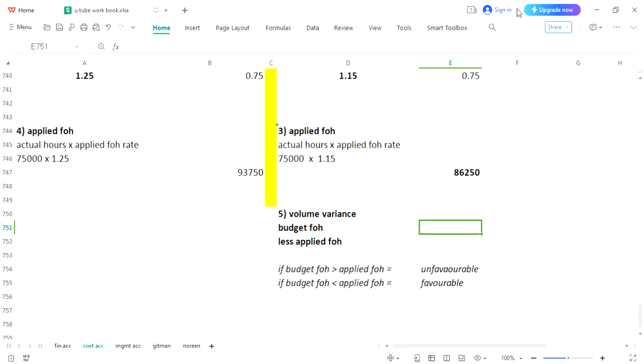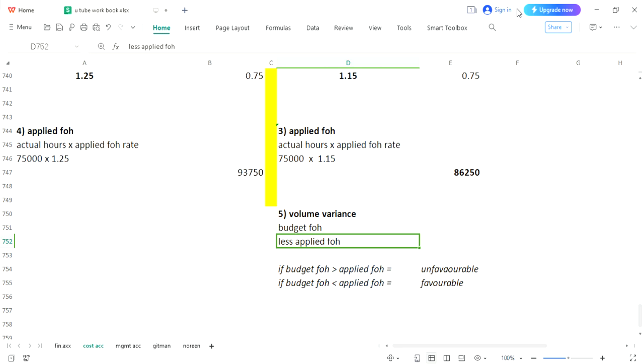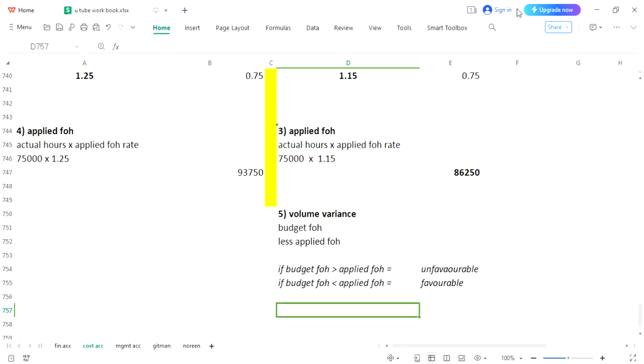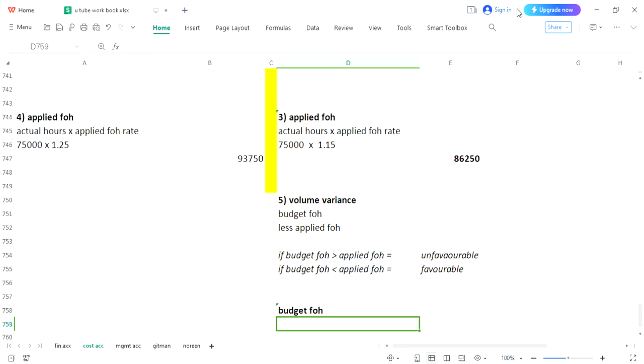Now come over here. We have applied FH in our minds, which was calculated in number 3 over here. For calculating volume variance, we need budget FH, and we will calculate budget FH first. And how do you calculate budget FH? It has a two-line formula.